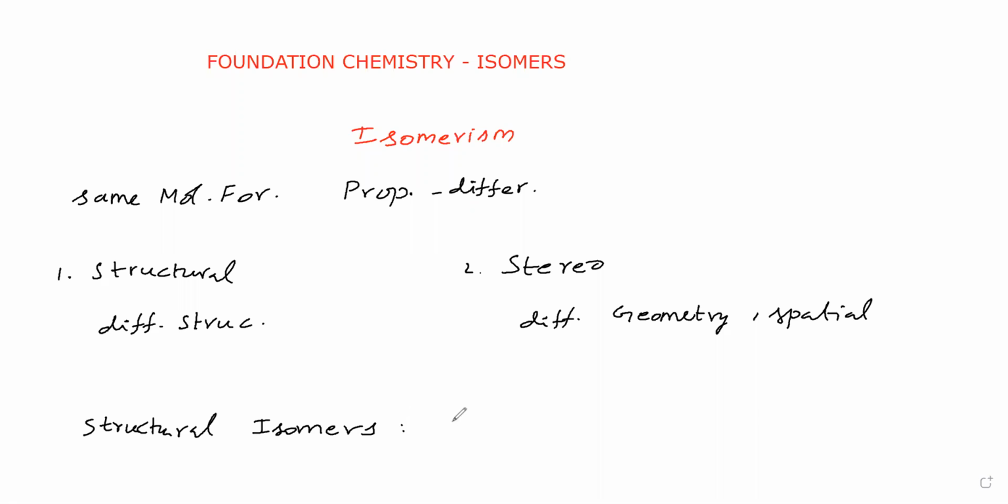In that, one type is called chain isomers. Chain isomers means parent chain length should be different. Parent chain length is different means we can say chain isomers.